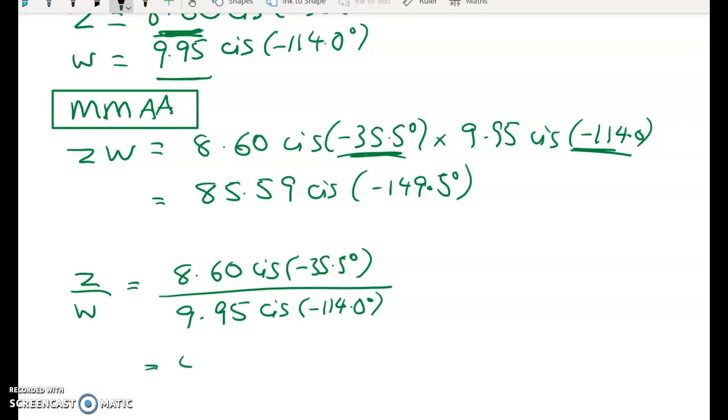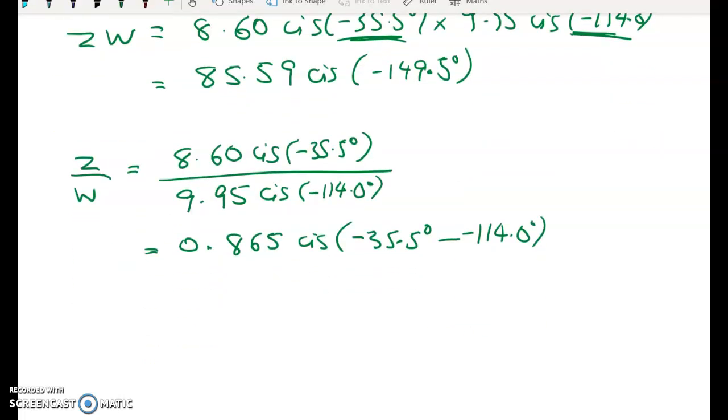I divide the moduli and I get 0.865, and then I subtract the arguments. Now that gives me a very short length complex number with an argument of 78.4 degrees.